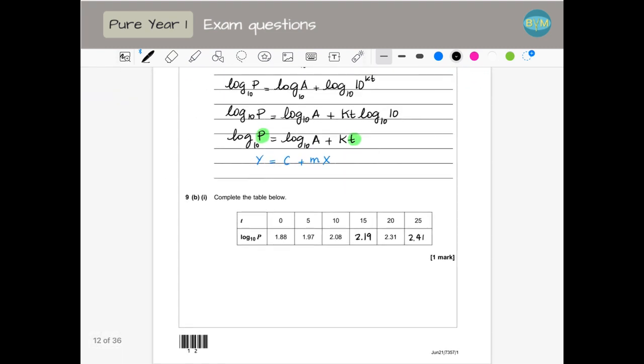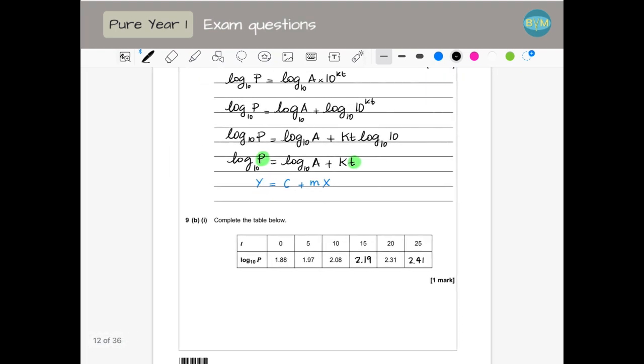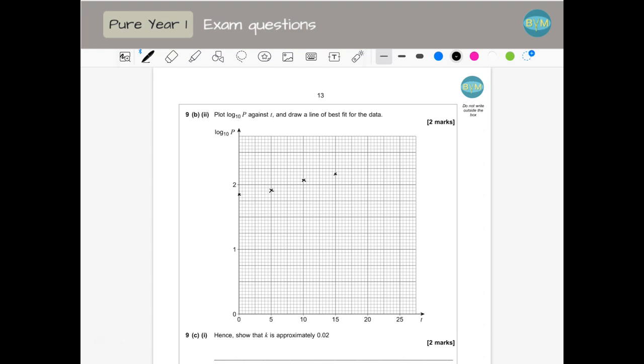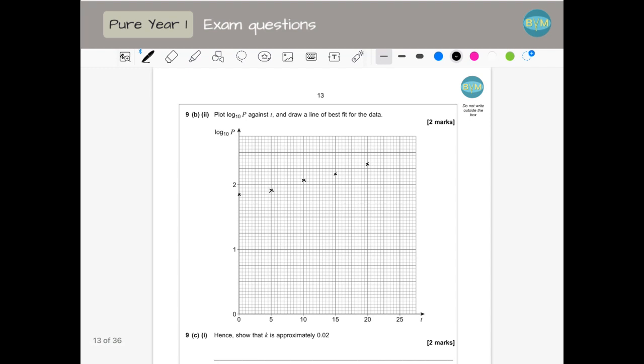Next one is (5, 1.97). Next one is (10, 2.08), somewhere here. Next one is (15, 2.19). Then (20, 2.31), somewhere here. And the last one is (25, 2.41), something like here.